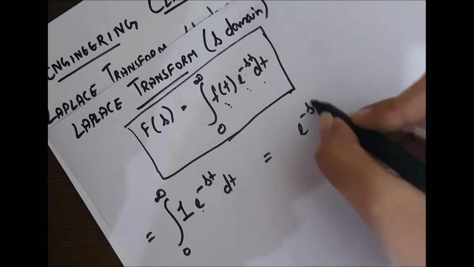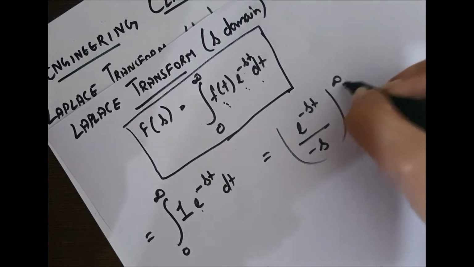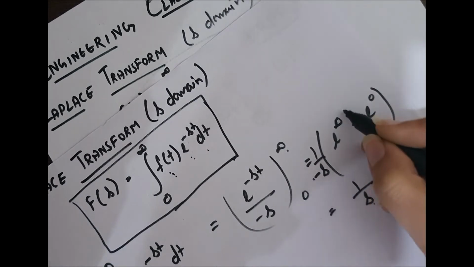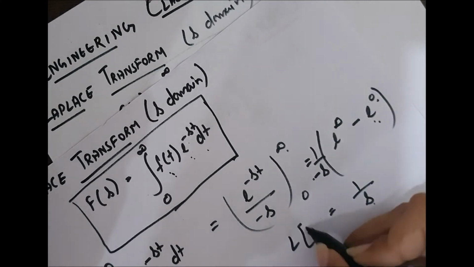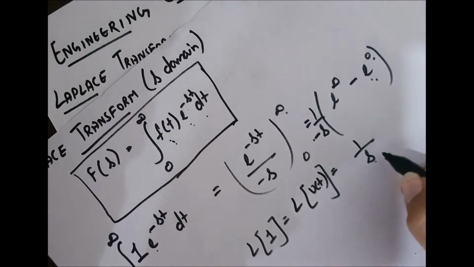Now integrate it. Exponential infinity is 0 and exponential 0 is 1. So we will get 1 upon s. So the Laplace transform of u(t), or we can say the Laplace transform of 1, is 1 by s.